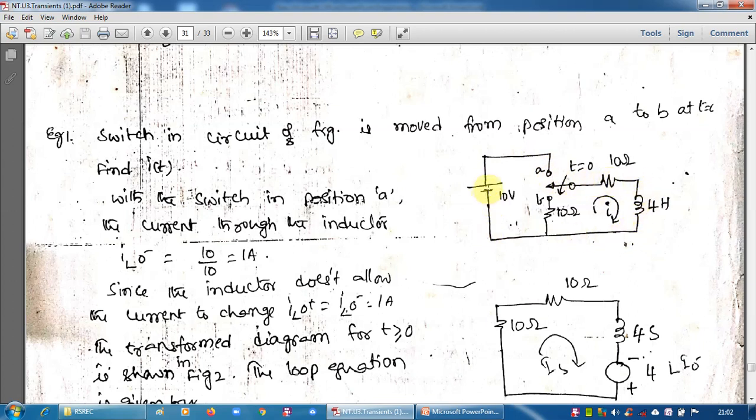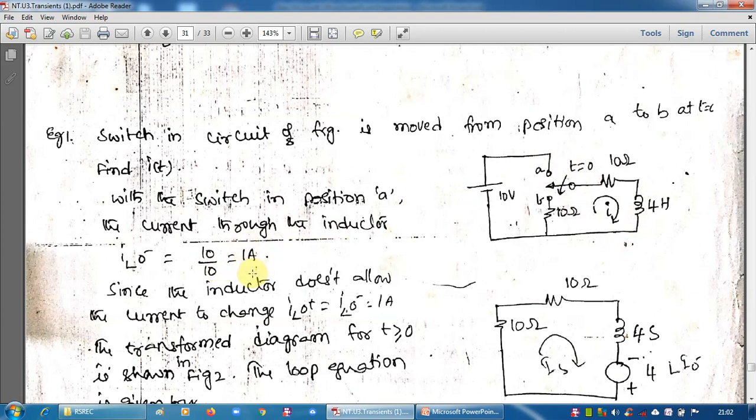So current equals V by R, 10 by 10 only, 1 ampere. At t equal to 0 minus, as the switch is in A position, we found that the current in the circuit, which is nothing but the initial current, equals 1 ampere.